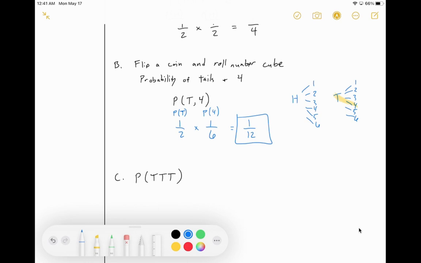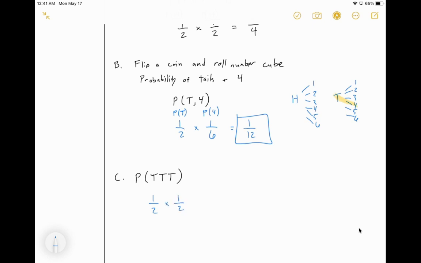The probability of getting tails once is 1 out of 2. Now, every time you flip, whatever happened last time doesn't affect it. It's a new flip. So even though you don't think it's likely that you'll get another tails, it doesn't matter. It's still 1 out of 2. So the probability of the second tails is still 1 out of 2. And lastly, the probability of the third tails is still 1 out of 2.